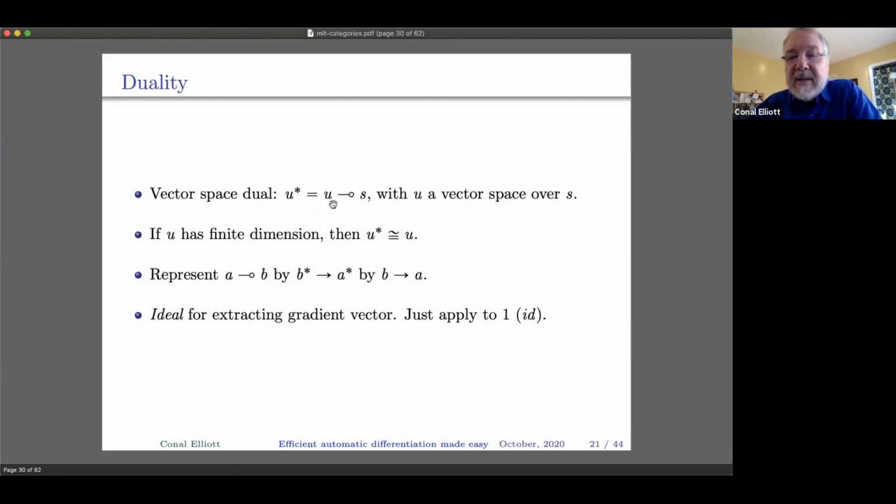And that's the following: if you have a vector space U over scalars of type S, if you look at the linear maps from U to S, those are called linear functionals. I think they're also called covectors or dual vectors. So if you look at the linear maps from a space to its own scalar field, then if U is finite dimensional, then those maps are isomorphic to U itself.